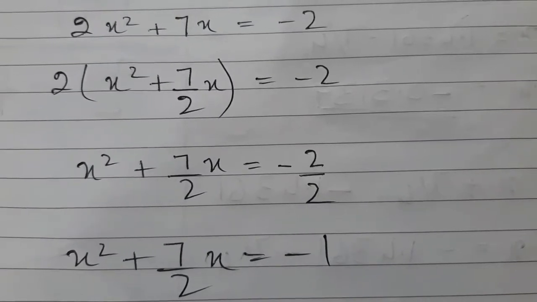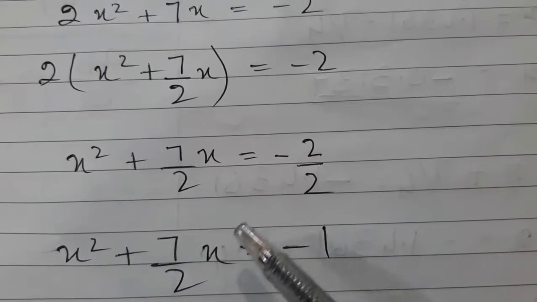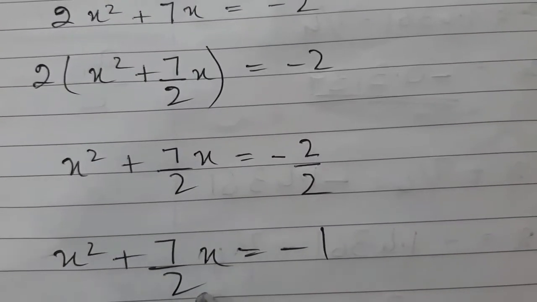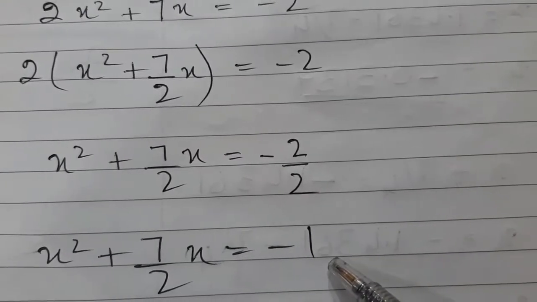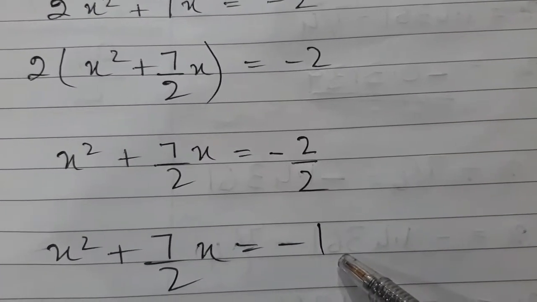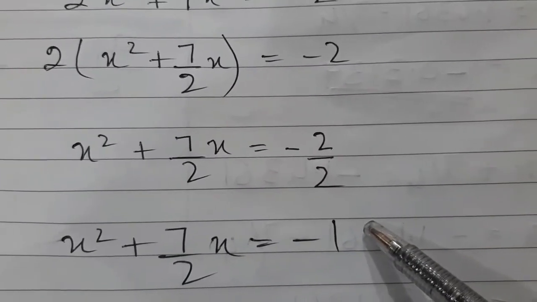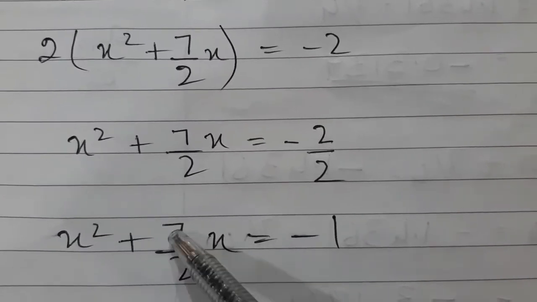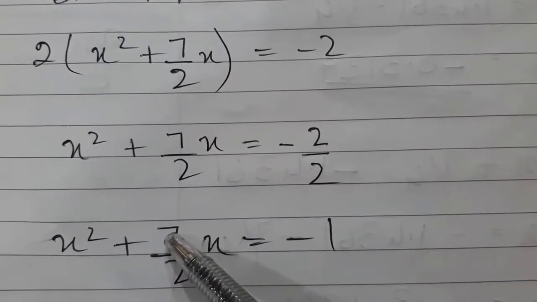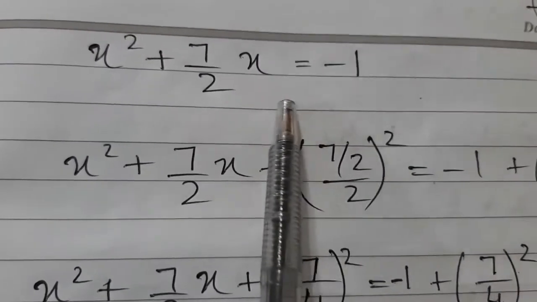So now, after this, I will add a term here to change this into a perfect square. And the same term which I add here, I will add to this side to keep the balance of the equation. Now what did I tell you? How will you decide which term will be added? Remember I told you, take the coefficient of x, divide it by 2 and square it. So let's see. Okay, so here was the question.